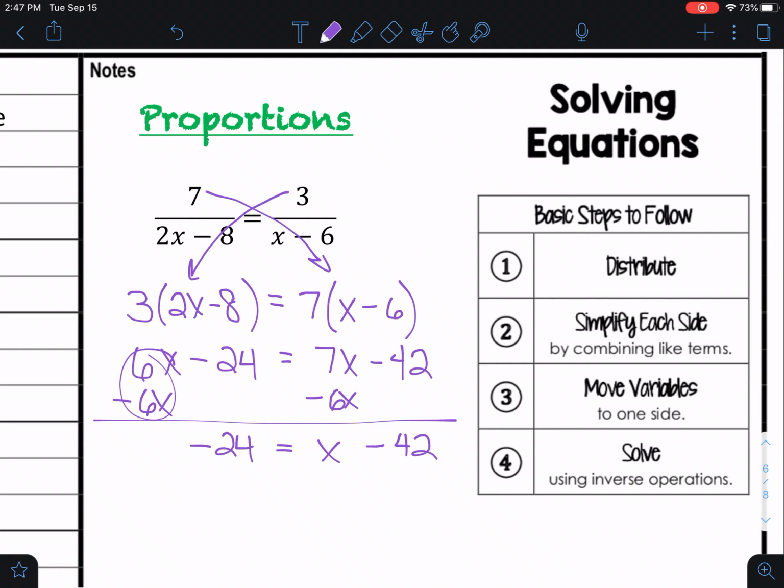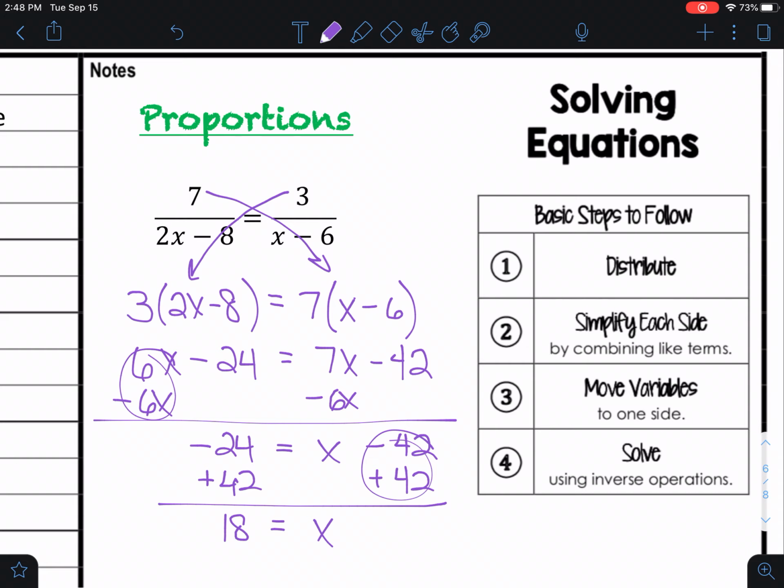And then now I want to add 42 to get the x by itself. You're going to say, all right, 18. Okay, so x equals 18.